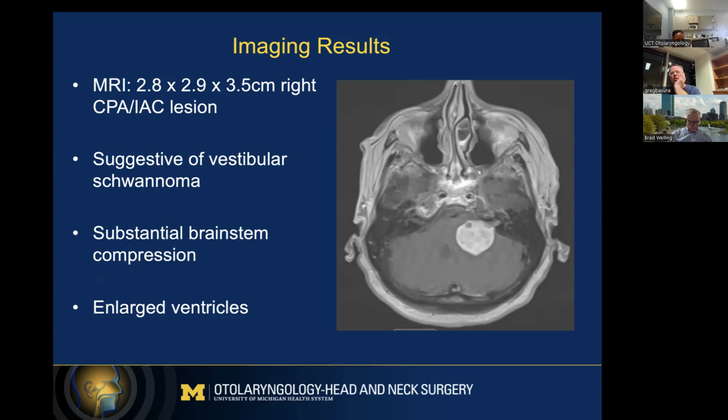Actually, it is a term that just means an ectopic location of normal tissue. So you want to look that term up. I saw it once in a CP angle.